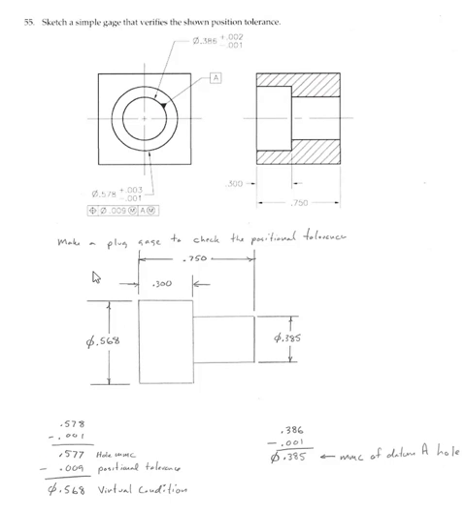Now, the plug on the other side is going to be sized to the virtual condition of the hole. And how do we get the virtual condition? We take the 578, which is the size, minus 1 thousandth, which is the size tolerance, minus another 9 thousandths, which is the positional tolerance, and that gives us the virtual condition of 568 thousandths.